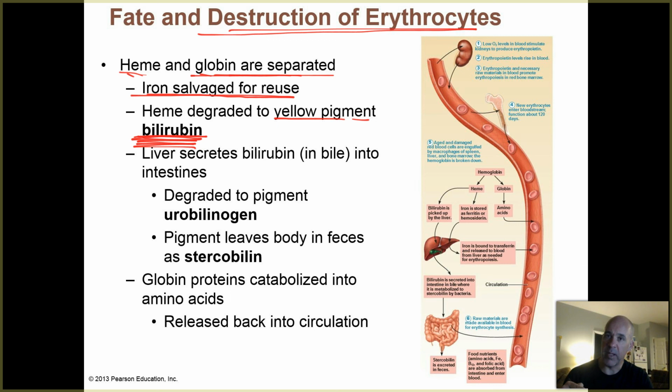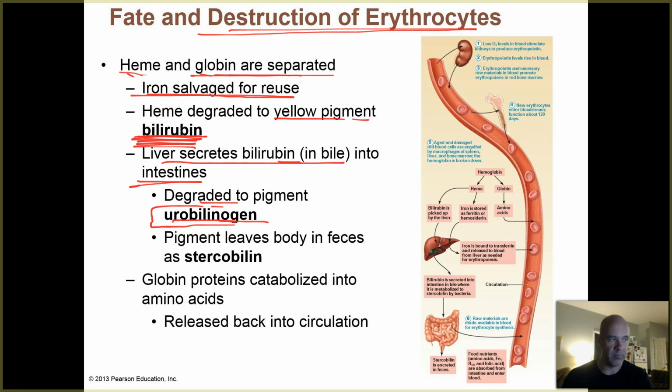This bilirubin is floating around in your bloodstream, and it goes to the liver. The liver takes that up and secretes it mainly into your intestines. Some of it gets converted into a pigment called urobilinogen. That's a yellowish pigment that ultimately winds up in your urine and helps give urine its color.